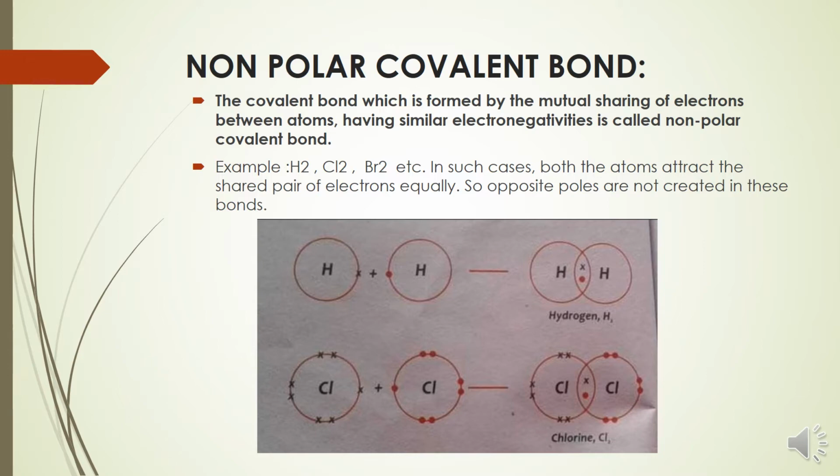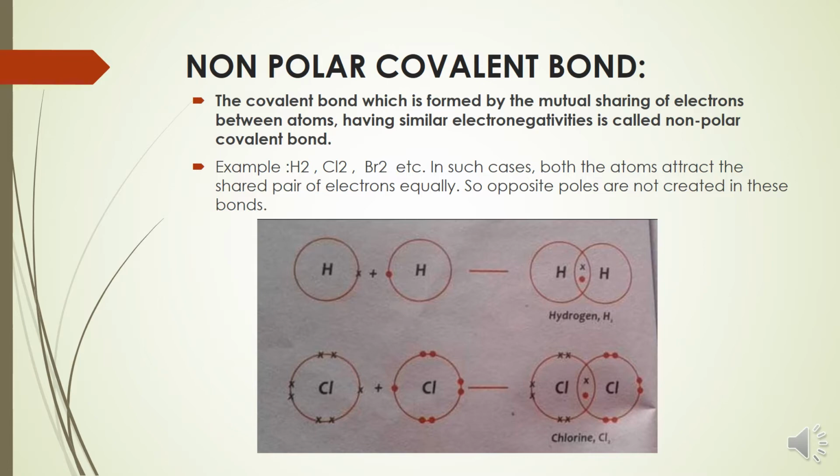In such cases, both the atoms attract the shared pair of electrons equally, so opposite poles are not created in these bonds. You can see the hydrogen atoms clearly when they combine and form hydrogen molecules, so both the nucleus will attract the shared pair of electrons equally towards itself, so no formation of poles will take place. Same is the case with chlorine atoms.